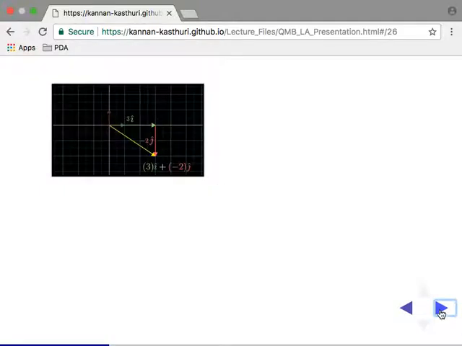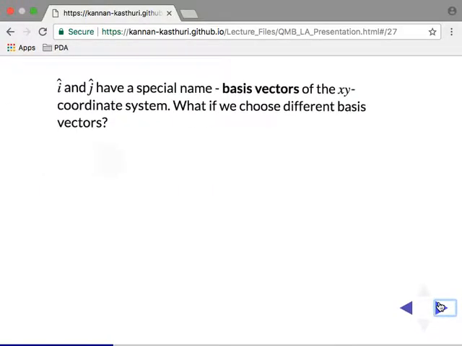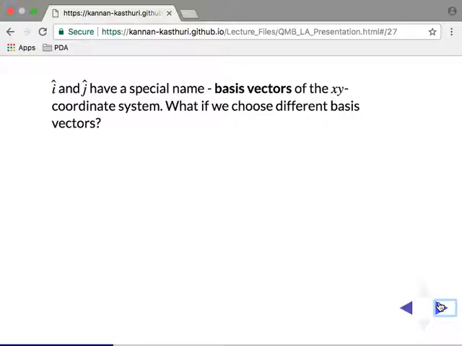So any scalar on the x-axis can be thought of as a product multiplied by this vector. That's just a scaling, and for the y direction it's scaled by the j direction.